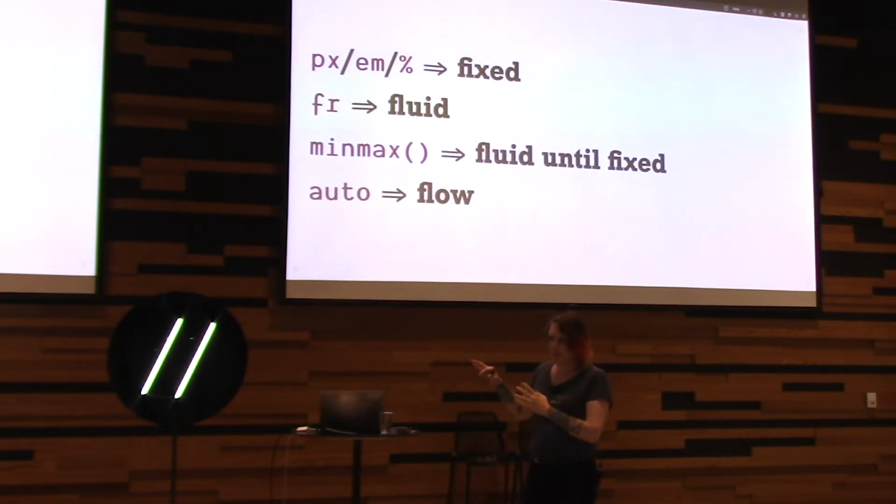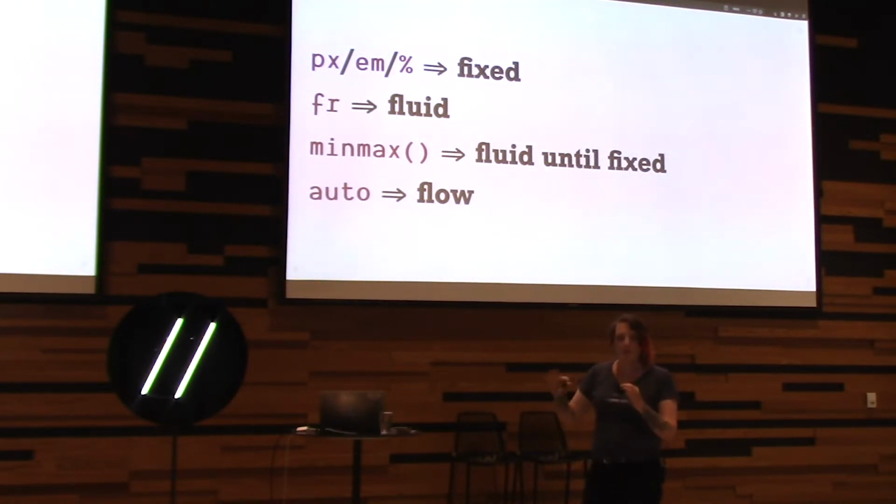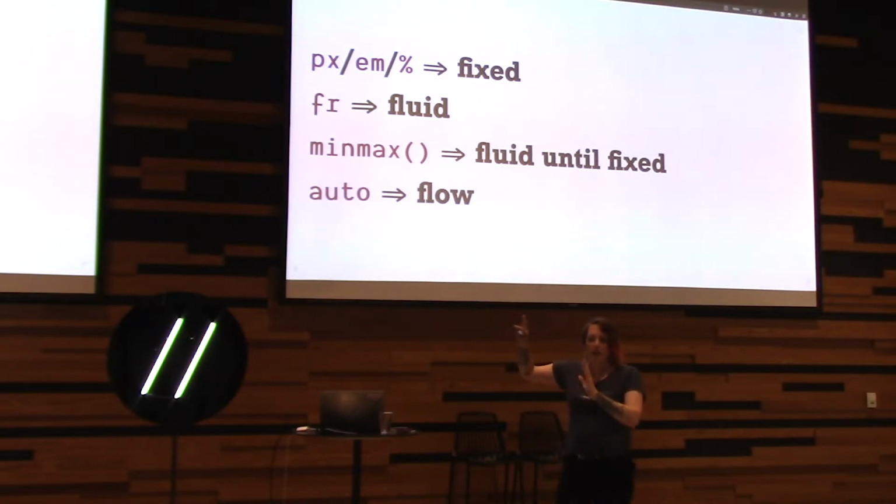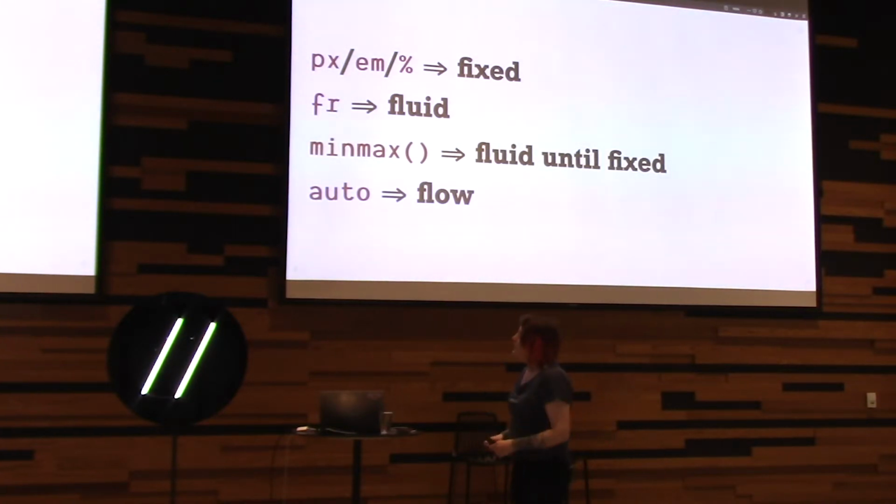It's a slightly different algorithm, but a similar sharing of space. Those are truly fluid in that it really depends on what else is around, not just the size of the window, but sharing space with siblings.